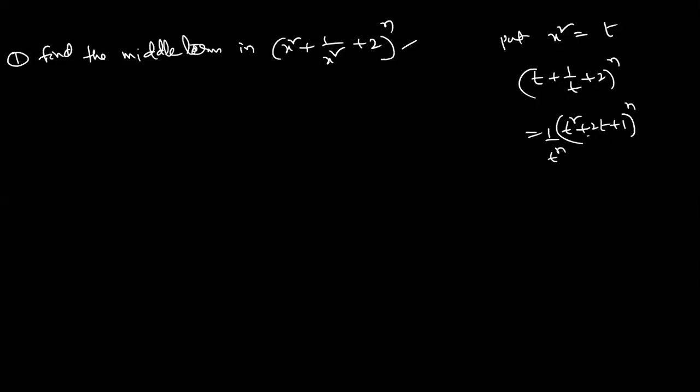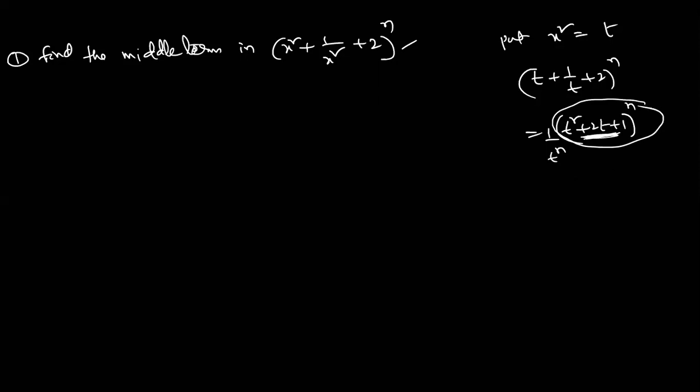Now see, what is the degree of this term after expanding? Forget this one. What is the degree coming in this case? 2 power n means 2n is coming. It means after expanding this one, (t square plus 2t plus 1) whole power n, what is the degree? 2n.